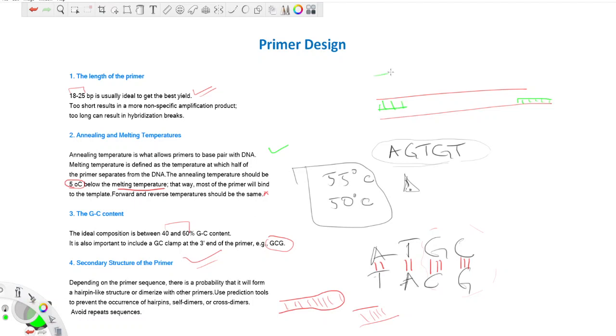If these are your primers, they may form a hairpin structure like this, or anneal with itself without actually binding the region. So they form hairpins, self-dimers, or cross dimers as well. That's something you should really look out for. But in practice, you could have tools that may help you predict that, and also avoid a lot of repeat sequences, because they may lead to this as well.